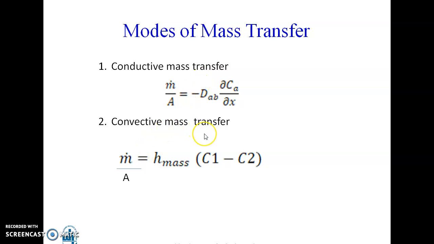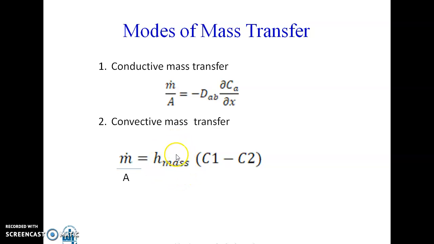This is the analogy between conductive heat transfer and conductive mass transfer. The second mode is convective mass transfer. An example of convective mass transfer is a cooling tower, where water is vaporizing and getting diffused in the surrounding. We can have the equation: mass flux is equal to h, the convective mass transfer coefficient.